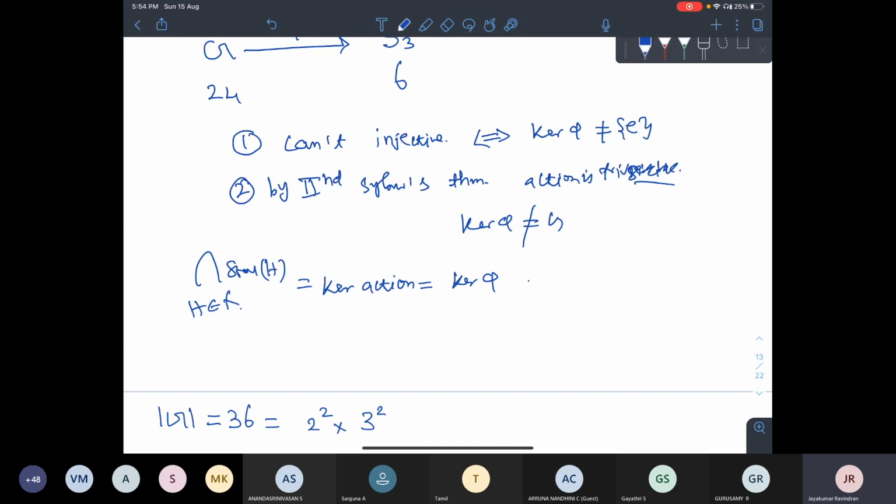But if the kernel is G, then, recalling the same fact, I'm repeating again and again, g H1 g inverse equals H1 for every g.